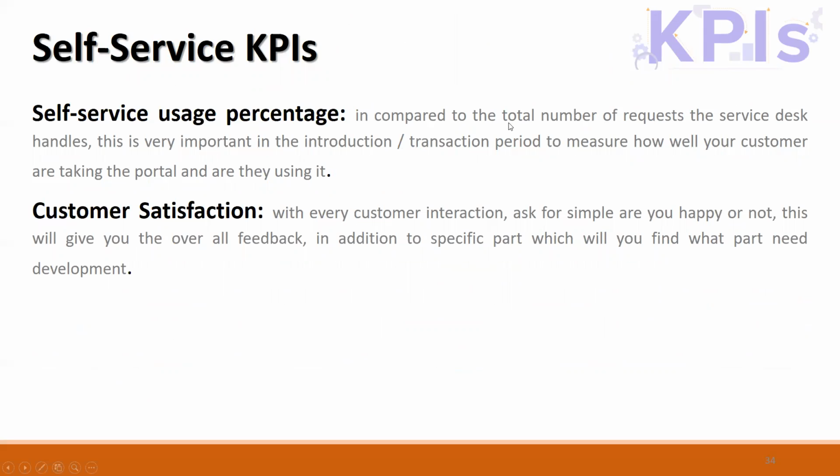So we were talking about KPIs before, key performance indicators. We talked about key performance indicators for the service desk itself. Now, key performance indicators for our portal, what it is that our customers are going to interact with online. And so we can see this, right? How many people are actually using it? We have some people that are phoning up. We have some people that are sending us emails.